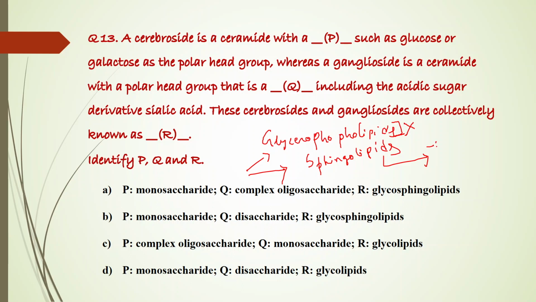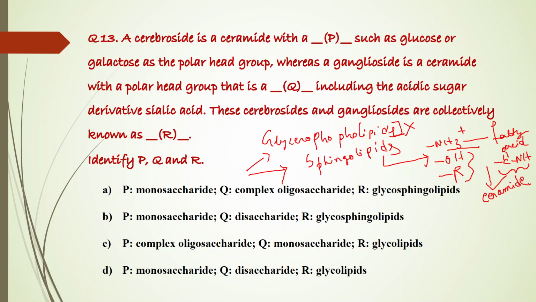Now, if you attach a fatty acid here through the formation of an amide bond between the NH2 and the COOH of a fatty acid, and the other parts are free, then we call them ceramide.